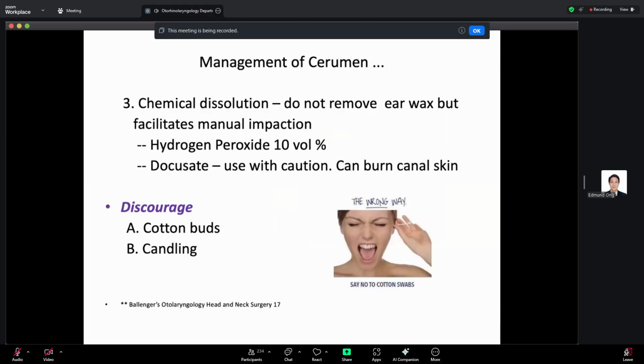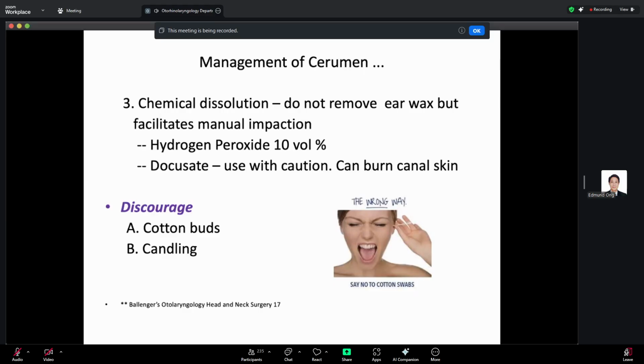In my clinic, I usually do suctioning rather than ear irrigation. But of course, once in a while, there are some cases where you need to do ear irrigation rather than ear suctioning. There are some chemicals that are used to soften the earwax, but actually, no chemical will dissolve the earwax. Some, like hydrogen peroxide or even docusate, will only soften the wax, so it will be easier to remove.